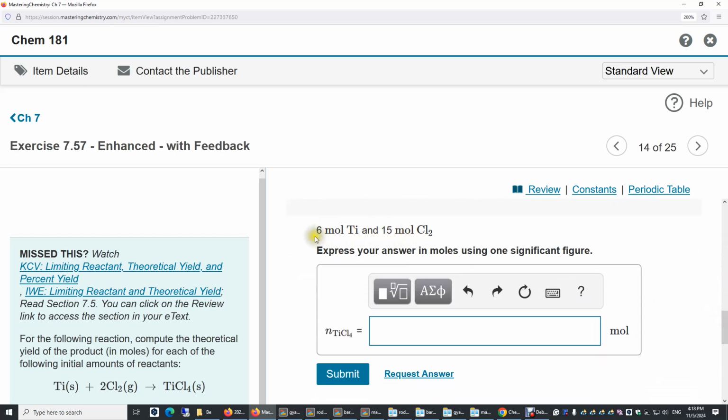Now over here, 6 moles of titanium will produce 6 moles of the product. 15 moles of Cl2 produces 7.5 moles of the product. So I'm going to choose the smaller value between 6 and 7.5.